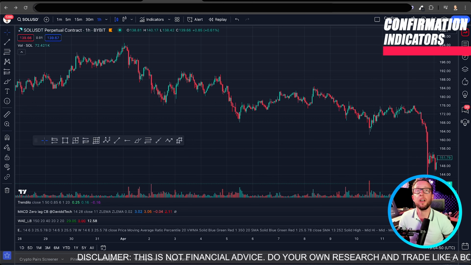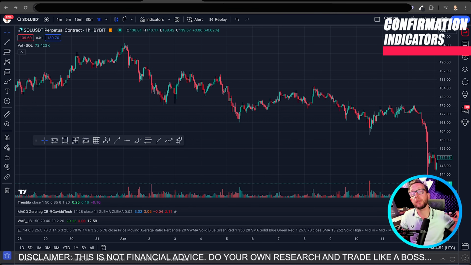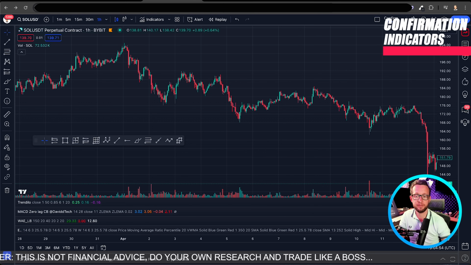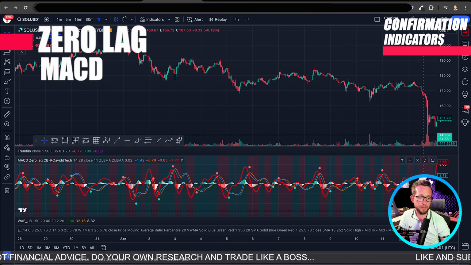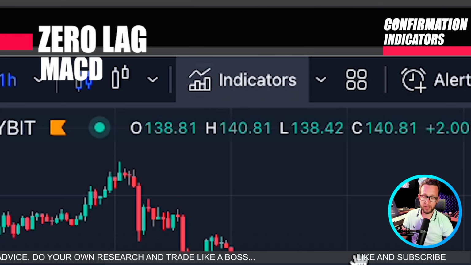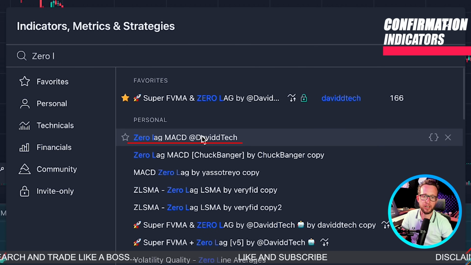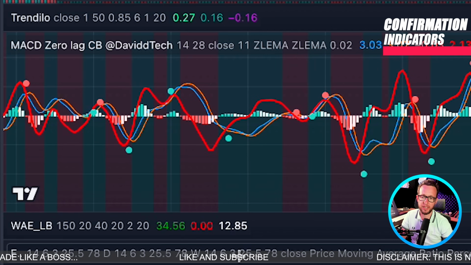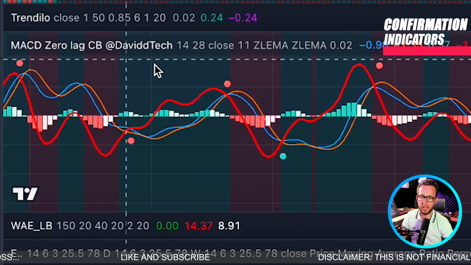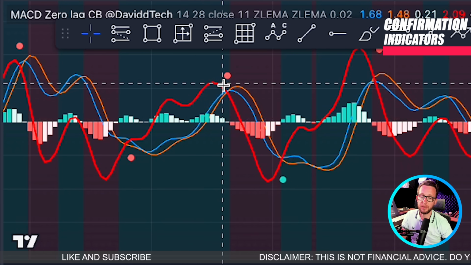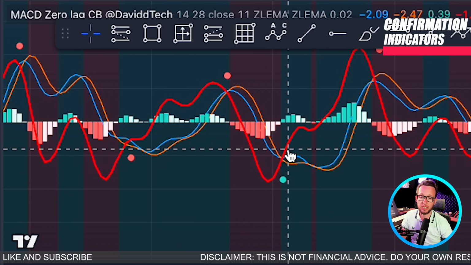Okay, there is only 4 confirmation indicators, so number 3 is going to be the 0 lag MACD. If you go over here and search for 0 lag MACD by DaviddTech, you will get this indicator here that looks very much like the MACD. The only difference is we have this red line here, which is considered the 0 lag.